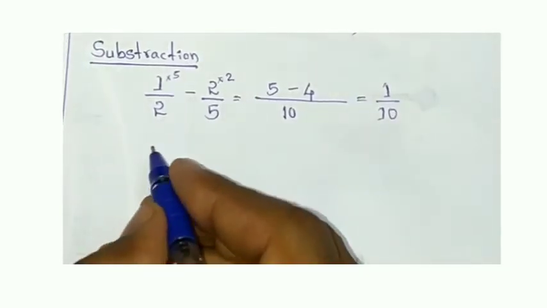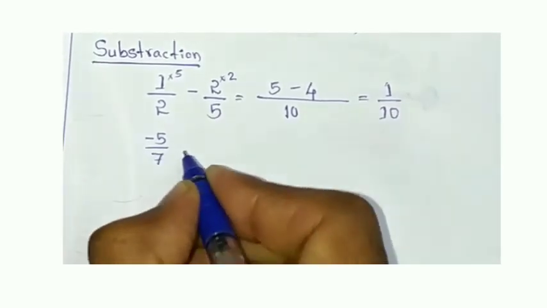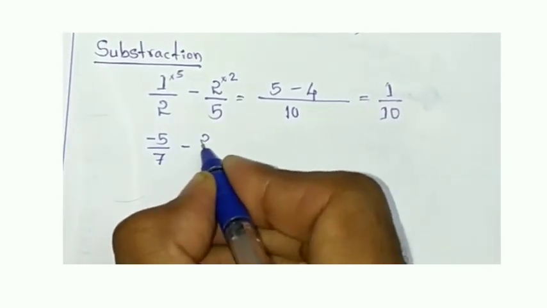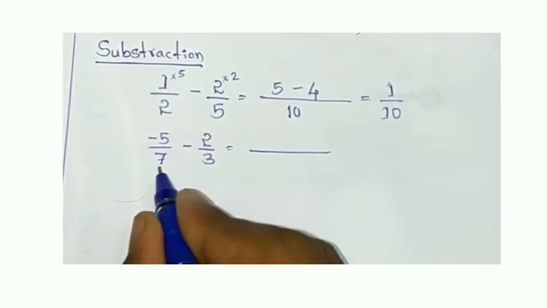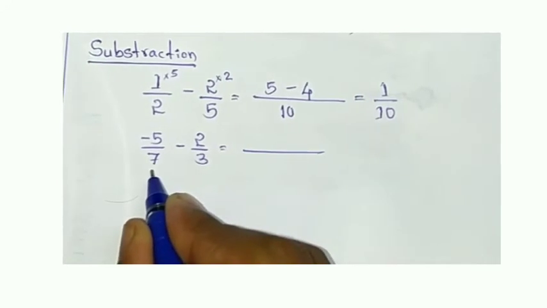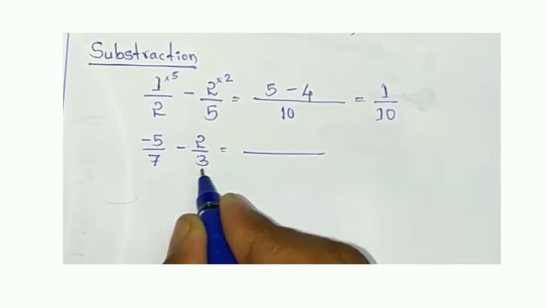Taking another example from your textbook, minus 5 by 7 minus 2 by 3. So again LCM, 7. Take the 7 table. 7 ones are 7, 7 2s are 14, 7 3s are 21, which is in the table of 3 also.